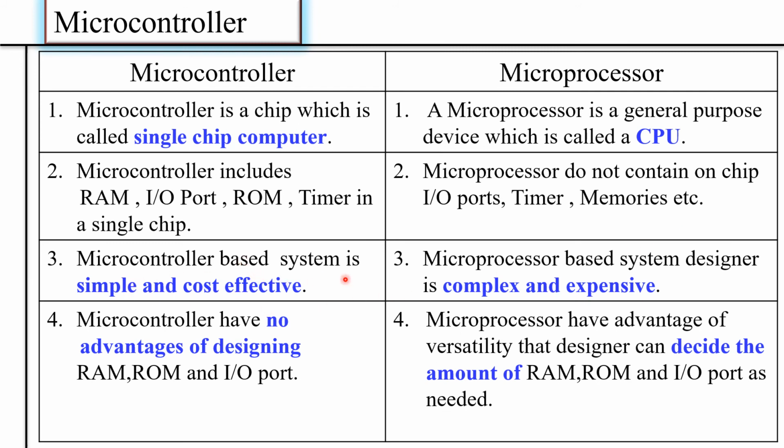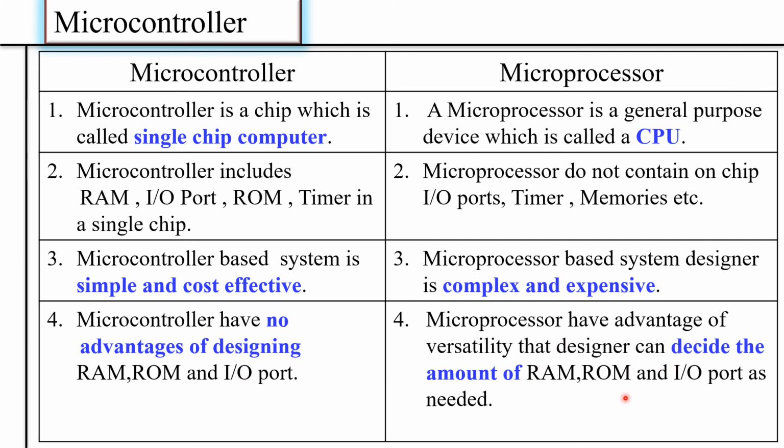Microcontroller based system is simple and cost effective. Microprocessor based system design is complex and expensive. Microcontroller has no advantage of designing RAM, ROM or input output port. Here we cannot design, right?